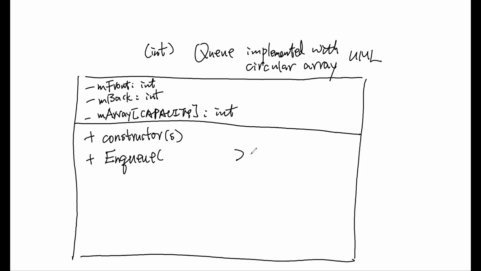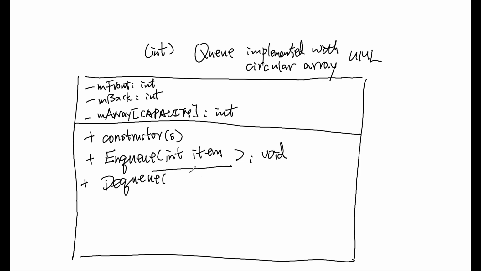So should the parameter be empty, or should I put something for the parameter? What do you think for enqueue? It's similar to the stack's push. We need a parameter. Yeah, very good. It's an integer type, and the return type, generally speaking, is void. Okay, that's enqueue. And then dequeue.